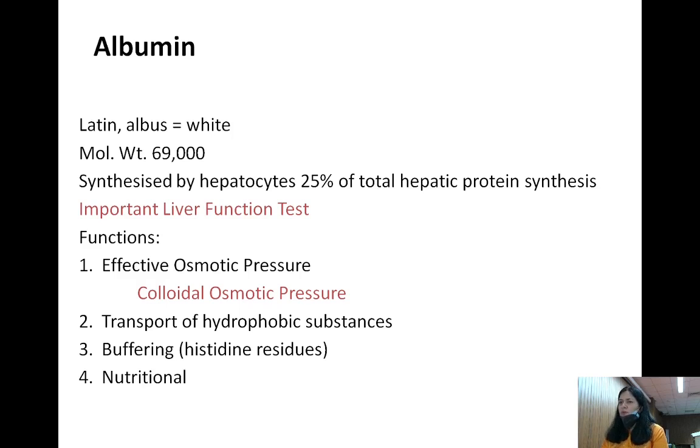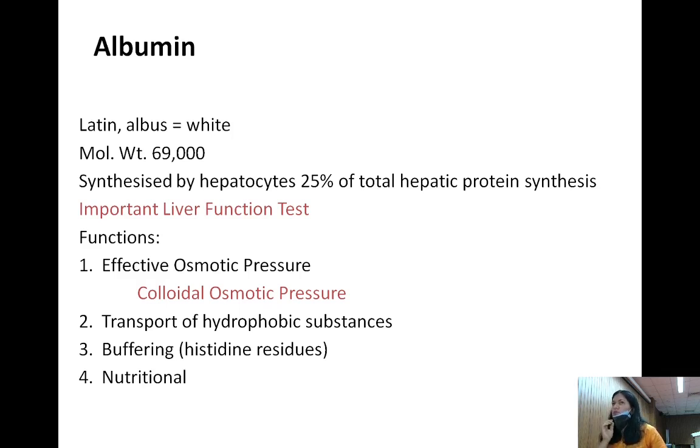Anup, any protein which is not synthesized in the liver? Hemoglobin. Hemoglobin is not a simple protein, it is a conjugated protein which is made up of globin as well as the heme group. But the globin is synthesized in the liver.